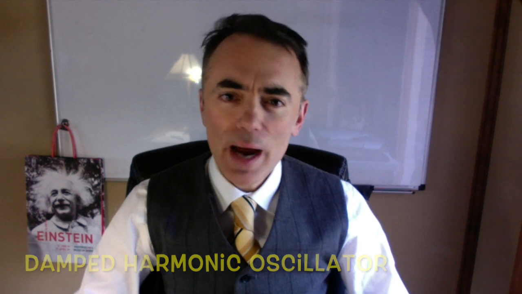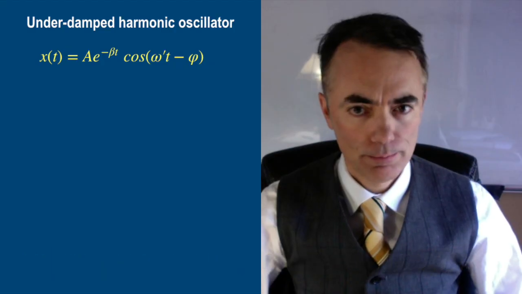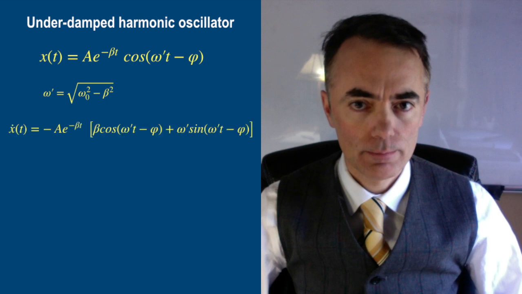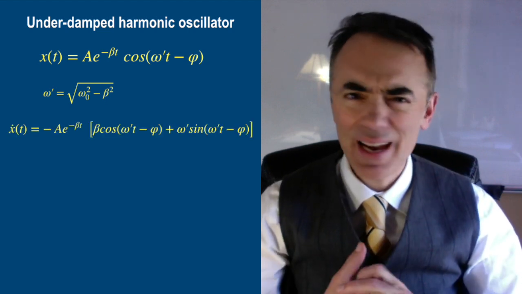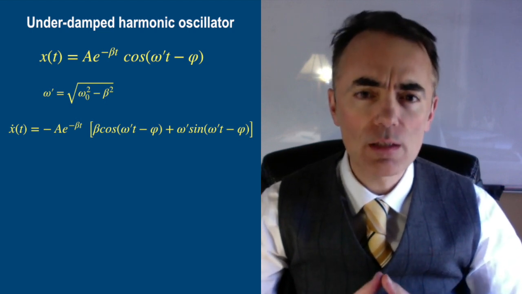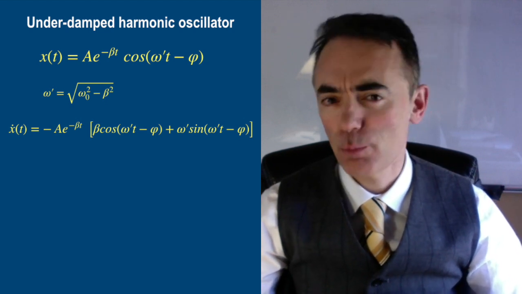Let me write the equations for the position and velocity for the underdamped harmonic oscillator. We can't follow the same steps as before. We can't solve this for time to find the equation of the trajectory in phase space.